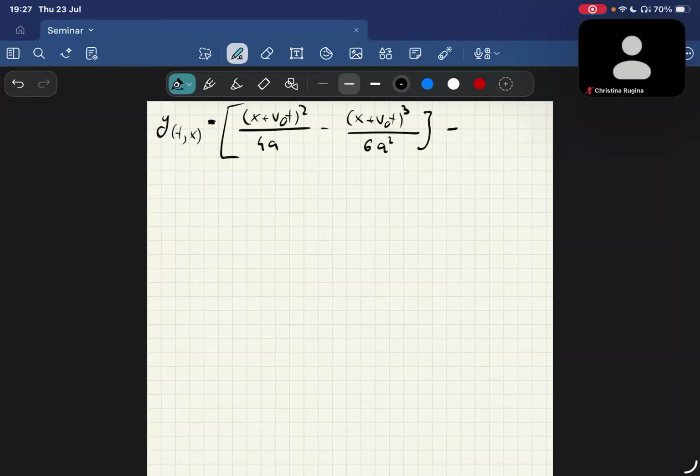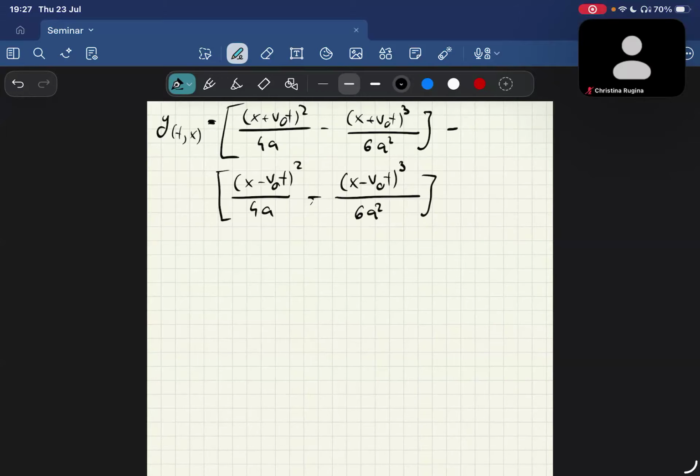Minus x minus v0t squared over 4a, minus minus v0t to the power 3 over 6a squared.